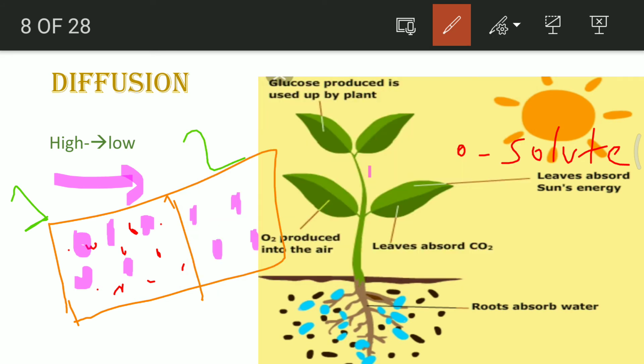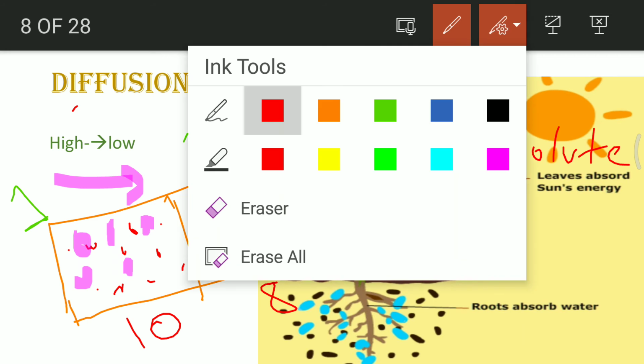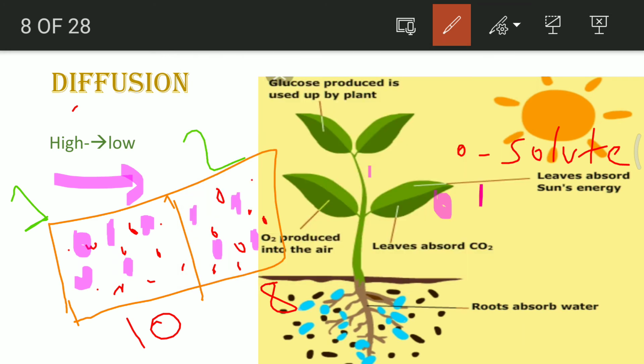In the second one we have eight solutes. Here, eight solutes, here ten solutes. Here we have five, this is a water molecule. Here we have five water molecules, here we have four water molecules.